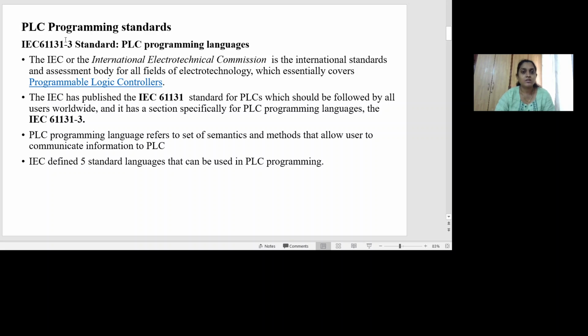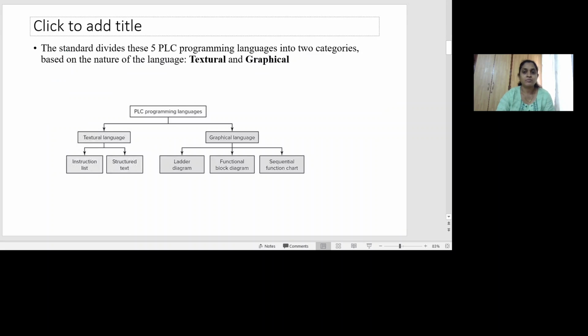In this standard, section 3 is specifically for PLC programming languages, and IEC 61131 is the standard body which gives the ground rules that have to be followed worldwide. The section 3 covers the rules for PLC programming languages, and this IEC has categorized the five languages into two types.